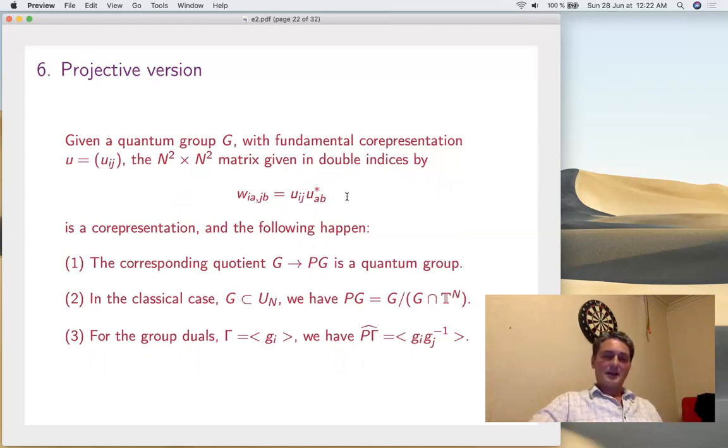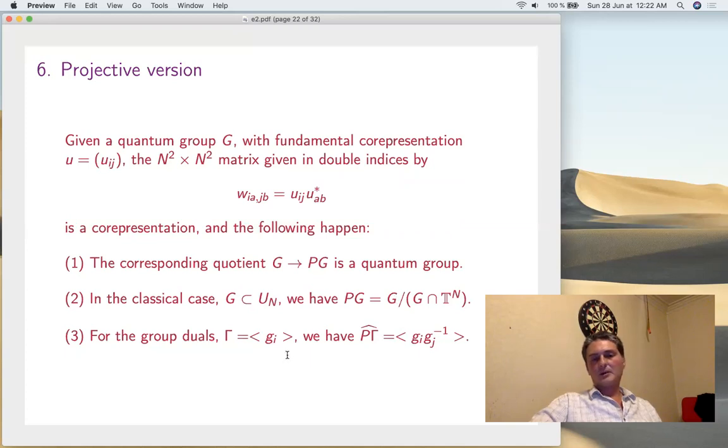And it's best to do it in double indices. In our case, it's clear that it's a co-representation. Just write delta and epsilon. And so I get the quotient quantum group, which is called PG, the projective version. In the classical case, that's the usual projective version. I guess most of you are familiar with this: you mod out G by what's inside the diagonal.